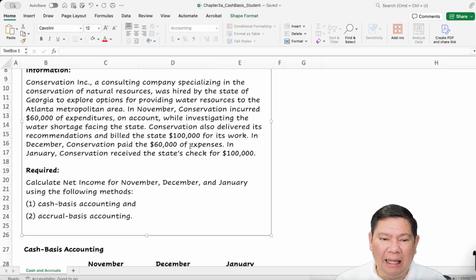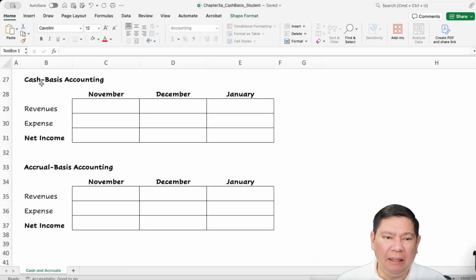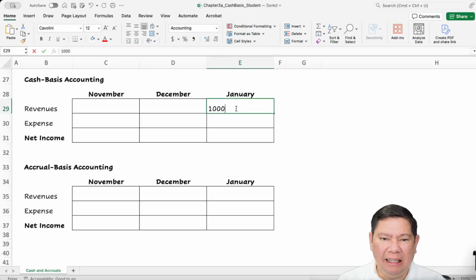Okay, so let's take a look at the difference between the cash basis accounting and the accrual basis accounting. With cash basis, the revenue is received in January, the expenses are paid in December.